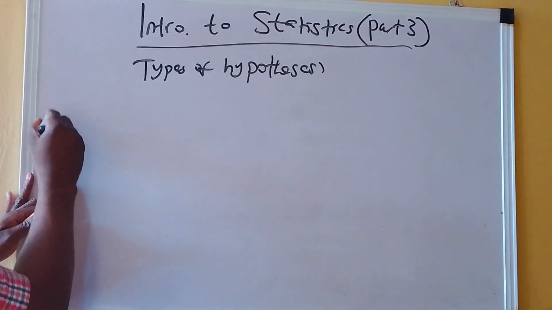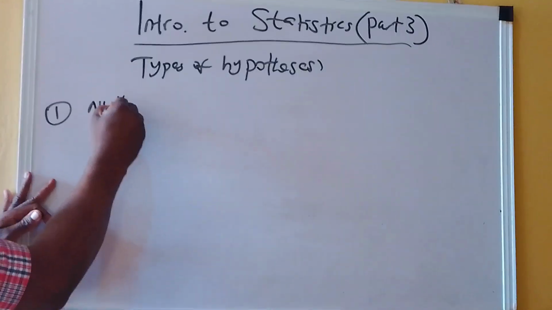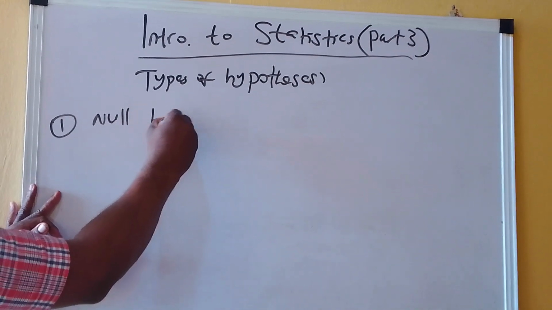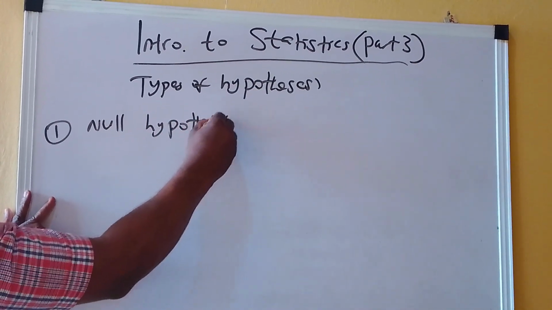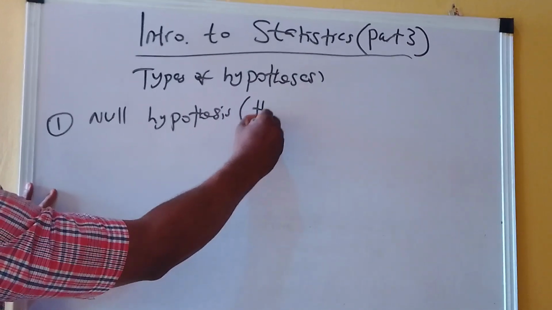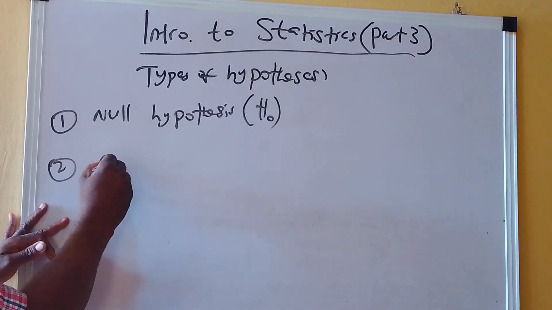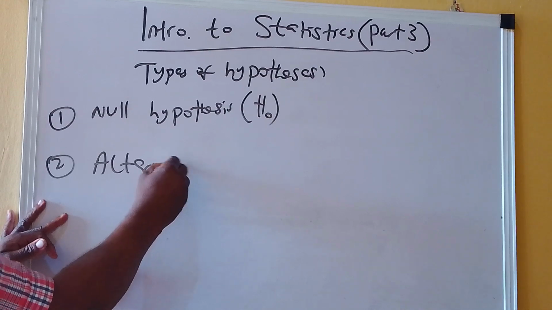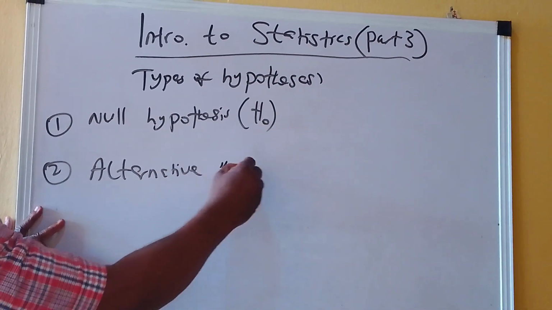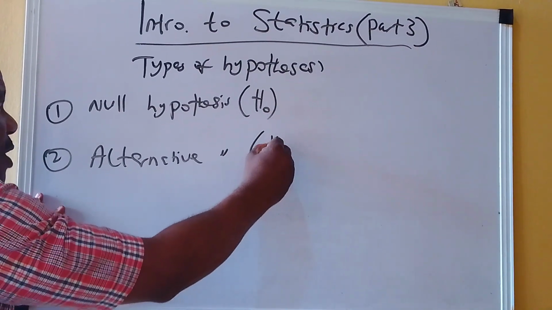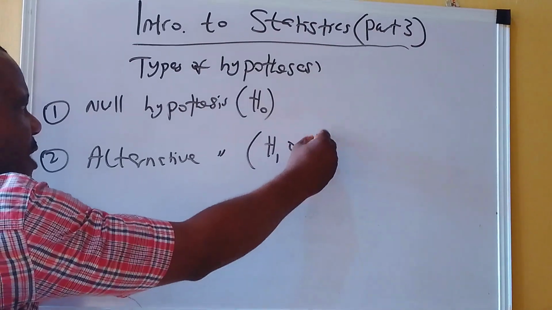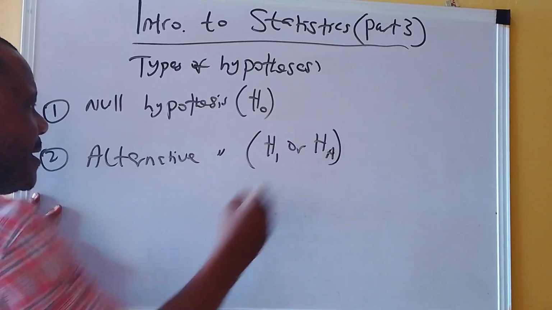Number one, we have the null hypothesis. It's normally denoted as H subscript 0. And the second one is called the alternative hypothesis, and is also denoted as H subscript 1 or H subscript capital letter A.